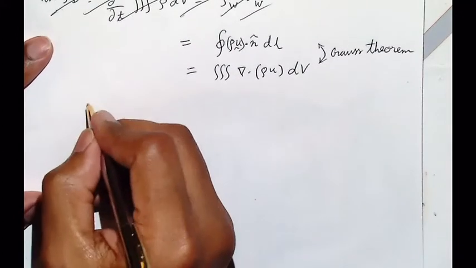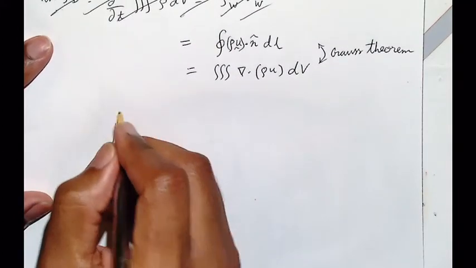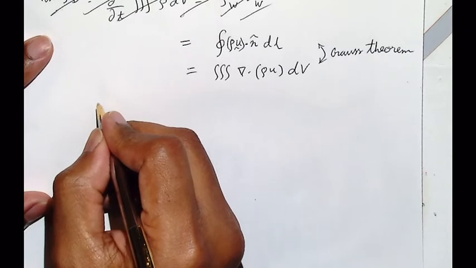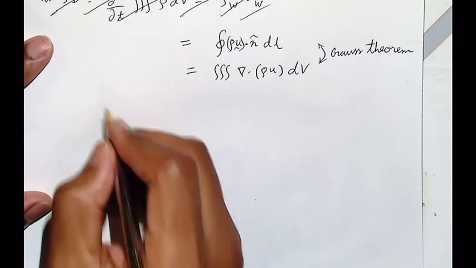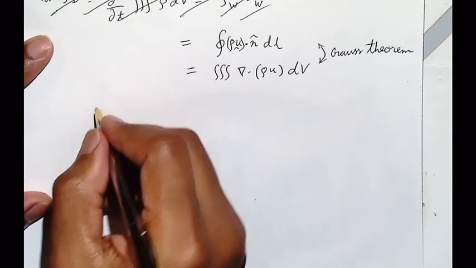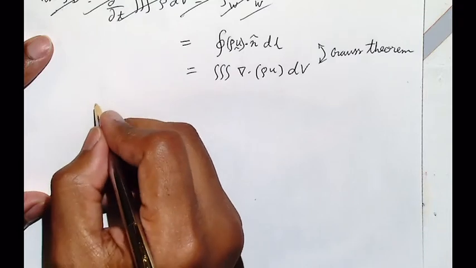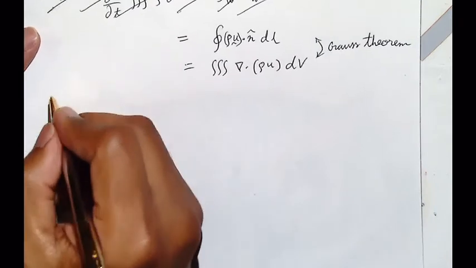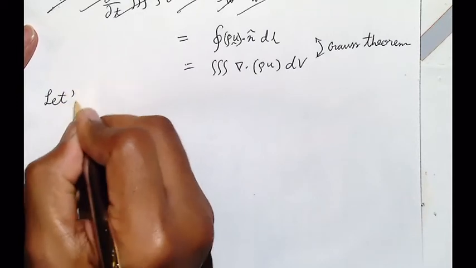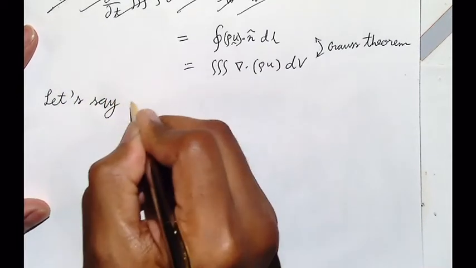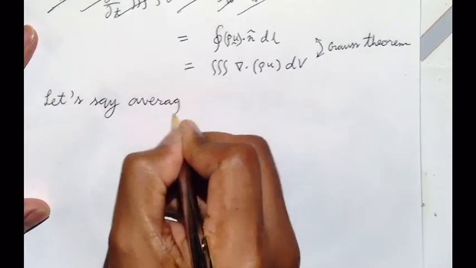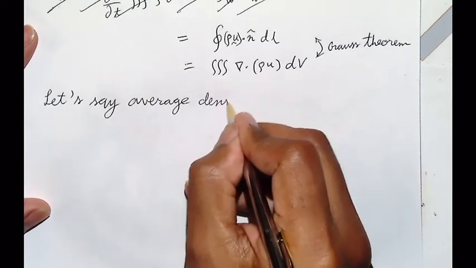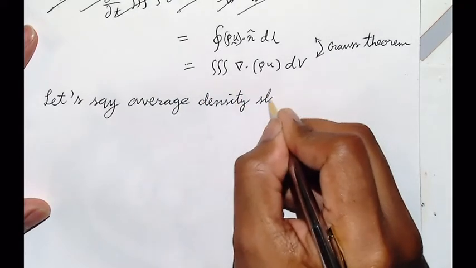If we talk about again the conservation of mass, what can we say? We have to describe one more thing. So let's say the average density stored inside the cell.